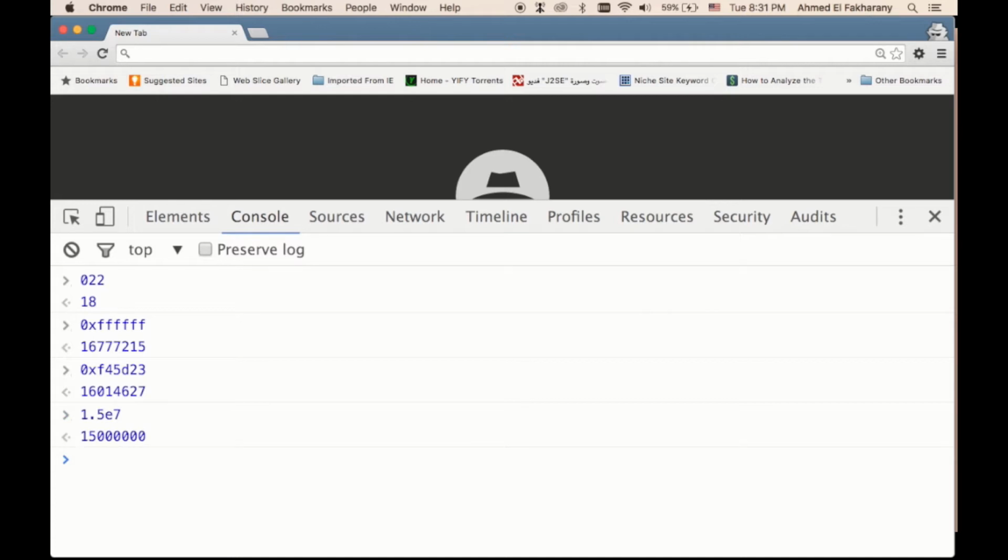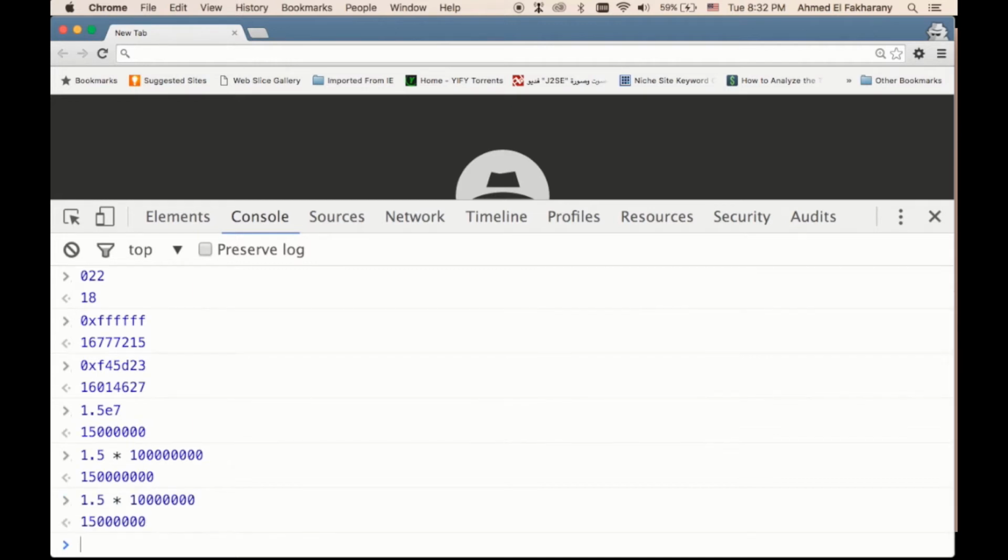This shorthand means 1.5 multiplied by 10 to the power of 7. So it's 10 followed by 6 zeros. Sorry, it's 1 followed by 7 zeros. So it's like this, the same number that we have if we write 1.5e7.